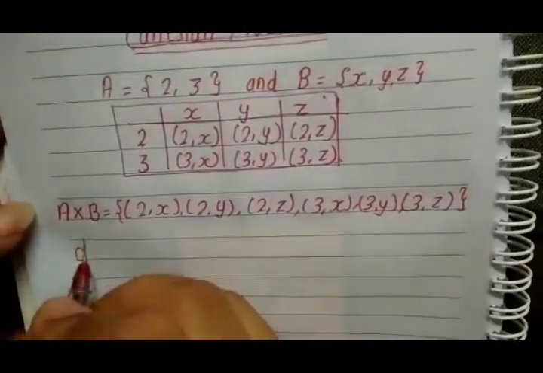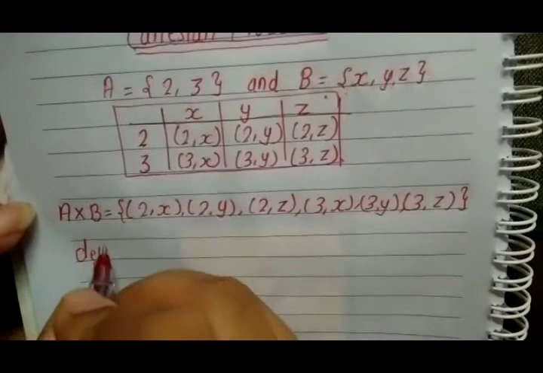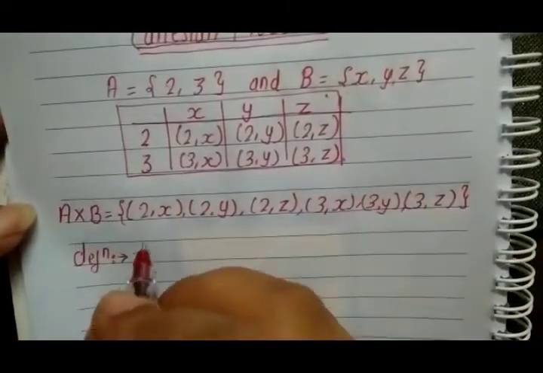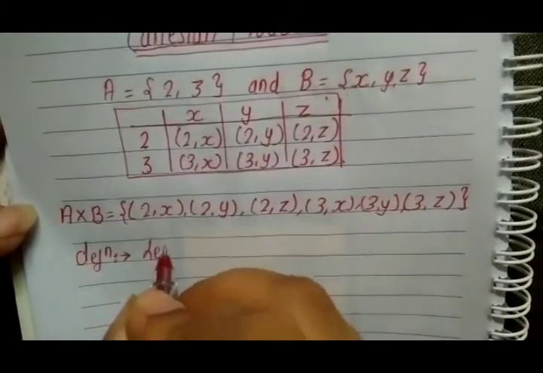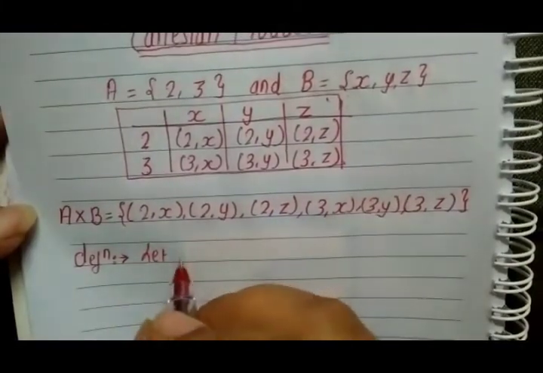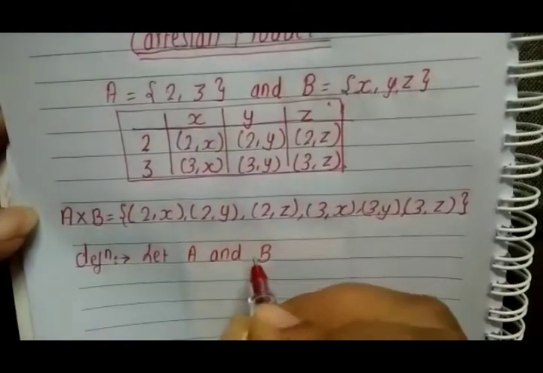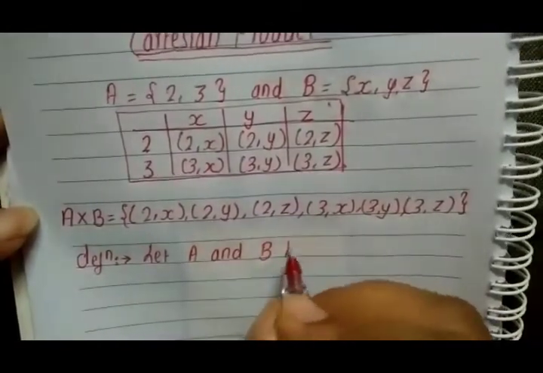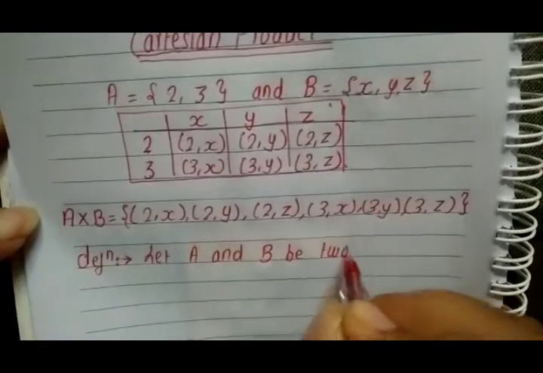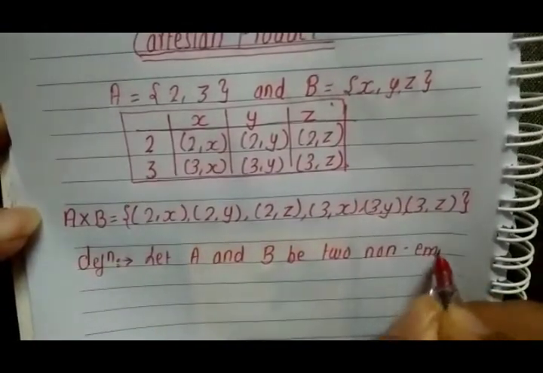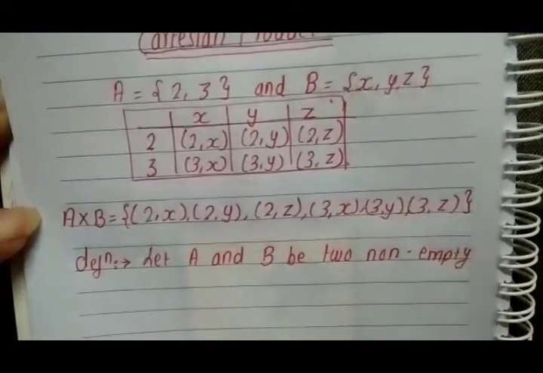Now let's write the definition. Definition of Cartesian product. Let A and B be two non-empty sets.